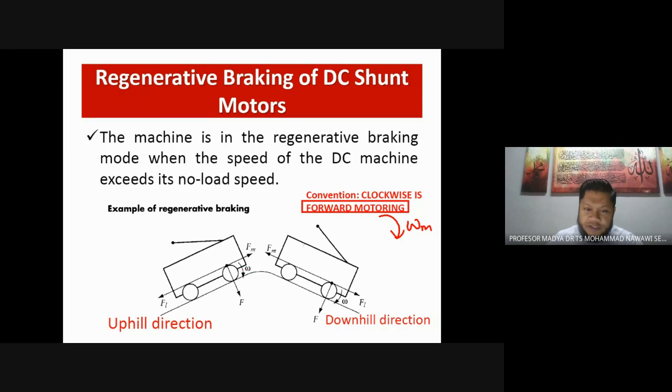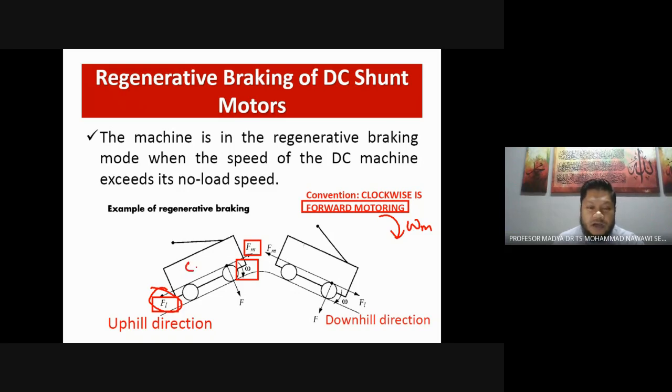For example, this is forward motoring, uphill direction. In this uphill direction, of course, there is a load force, and the motor force that you need to apply is in the opposite direction of the load, which comes from the mass and friction of your vehicle.